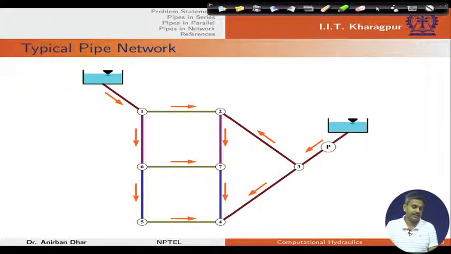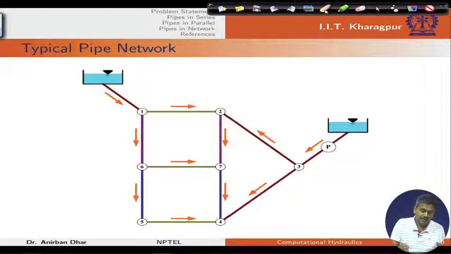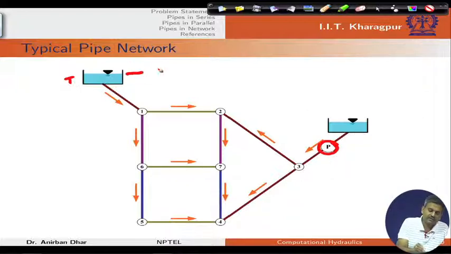So, let us consider this pipe network, which is a typical pipe network connecting a total of 7 nodes. In this case, on this side we have a tank, on this side we have one pump connected to this, and there is a difference in elevation for these two tanks.